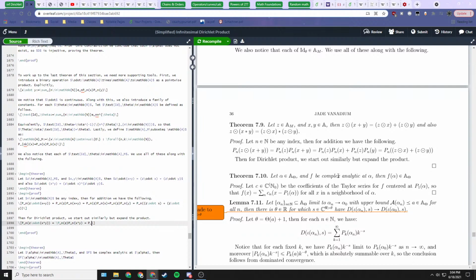We still have p sub n of z, and then the sum where ab equals n, of p sub a of x times p sub b of y. But we can just rewrite this, since it's completely multiplicative, as p sub a of z and p sub b of z.